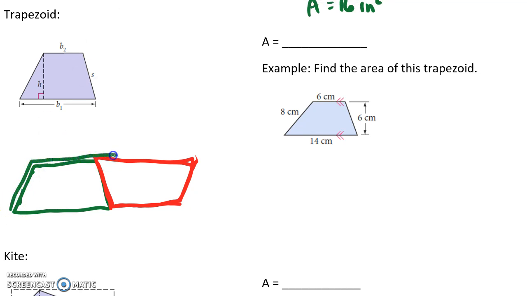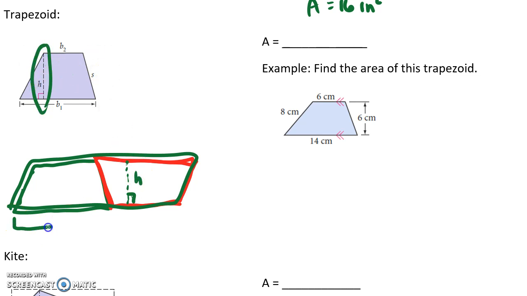This whole thing is a parallelogram, where the height of the parallelogram is also the height of the original trapezoid. But what is the length of the base of the parallelogram? It's base 2 plus base 1. It's the sum of the two bases, right? This one is the base 1, this one is the base 2. So to find the area, first of all, we take half, because again, we made the copy. We multiply the height times the sum of the bases.